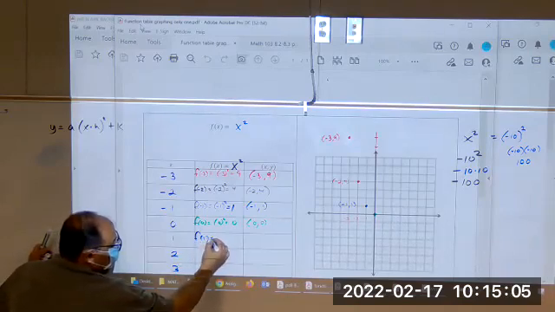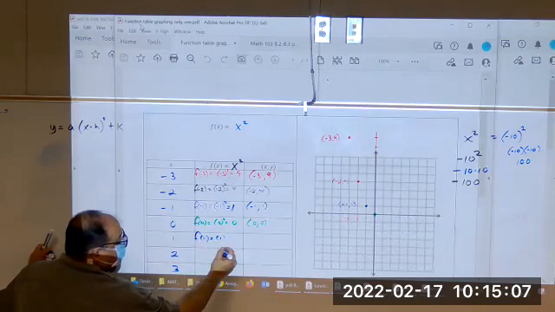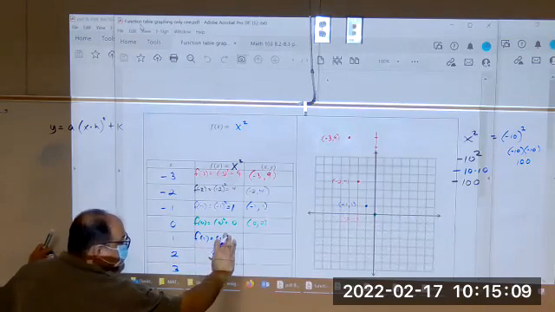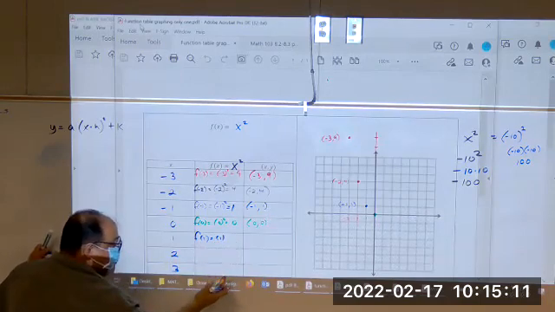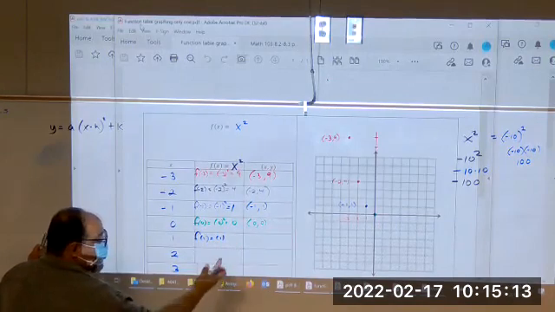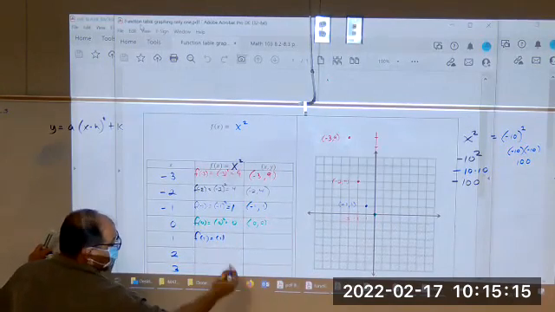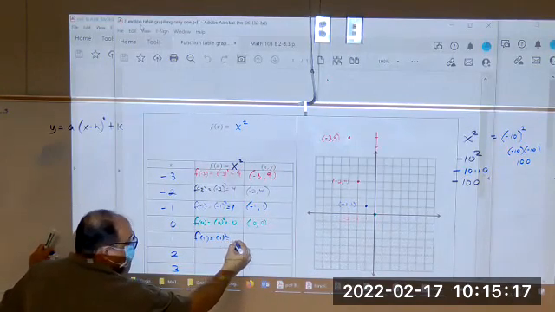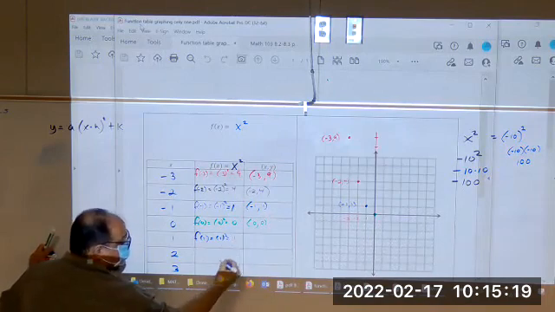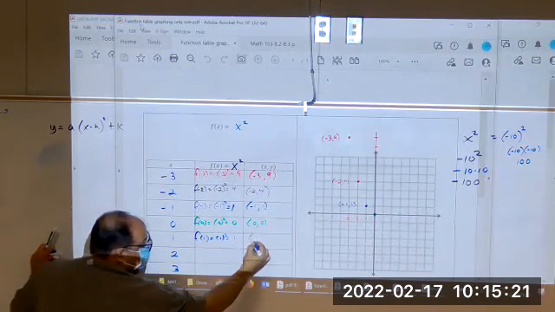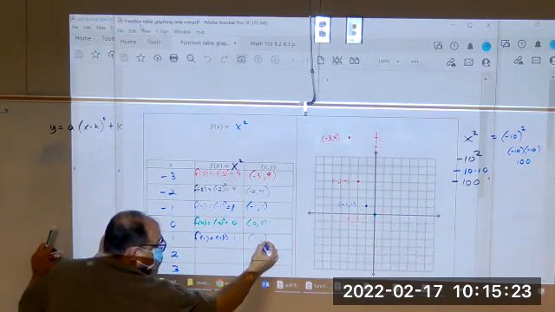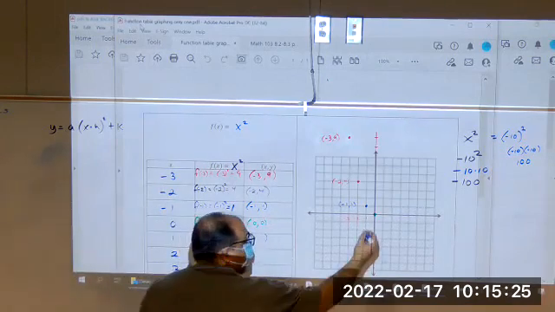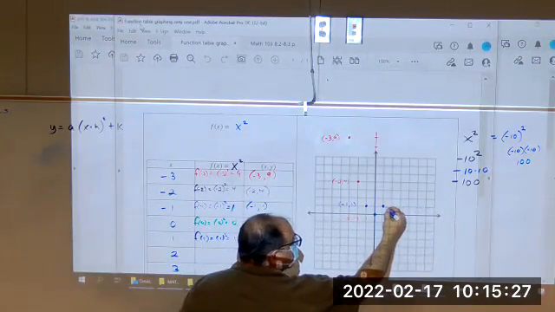Therefore, 1 is 1. Again, even though I'm plugging in a positive 1, I don't need the parentheses. But if I use parentheses every time I substitute, it's not going to hurt. That way, I remember to always use parentheses. 1 squared is 1. 1 goes in, 1 comes out. Now, right here, 1, 1.